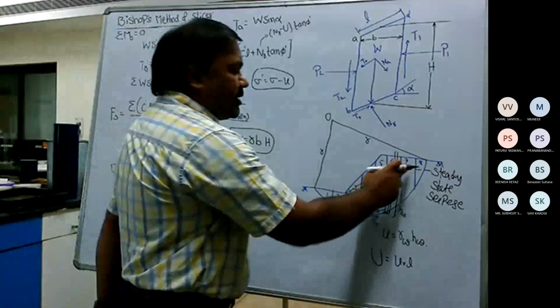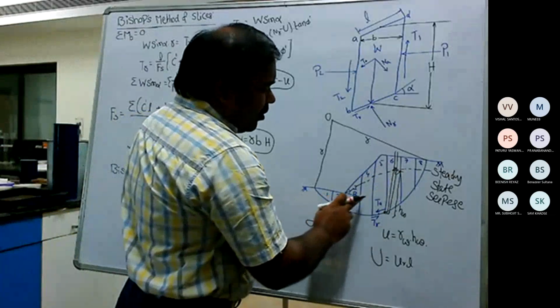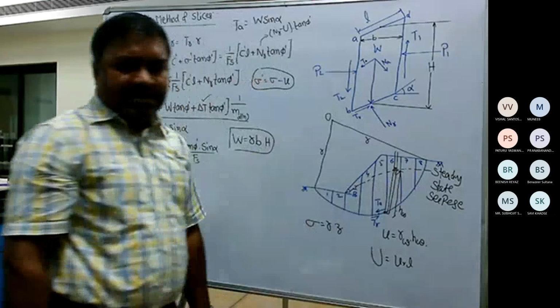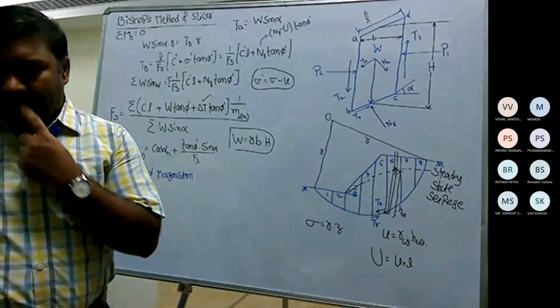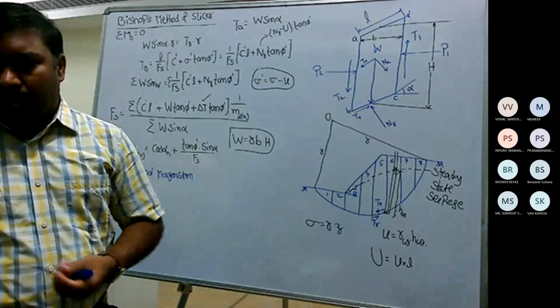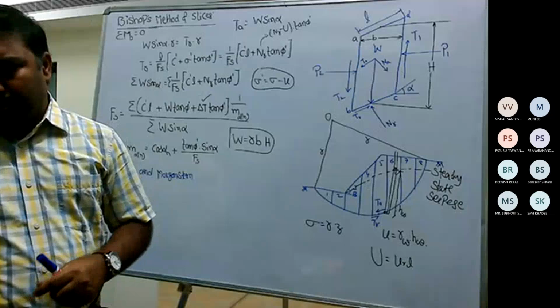Why? Let us look at all these slices. Does the overburden remain the same for different slices? No, it does not.